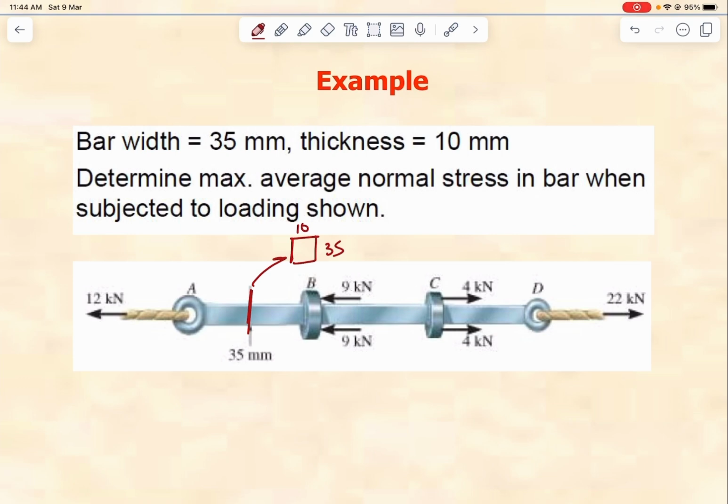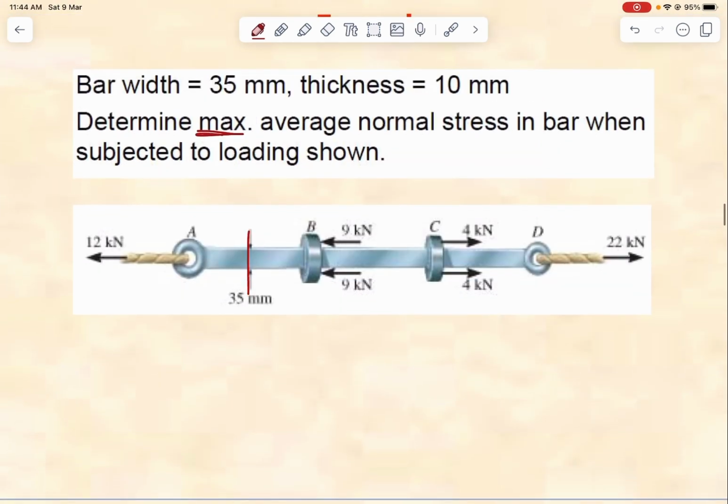Determine the average normal stress in the bar subjected to the loading shown. Determine the maximum. So how can we find the maximum average normal stress? We need to find where the largest normal force is. So I'm gonna start by making a cut, exactly like how we used to do in internal forces. If I make a cut over here, I'm gonna get this section.